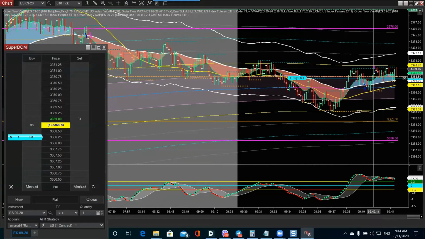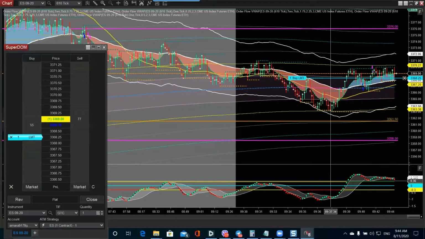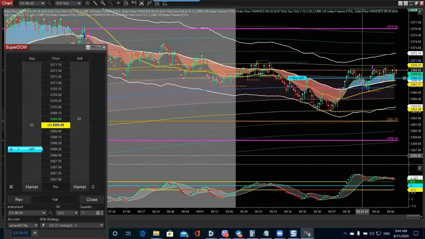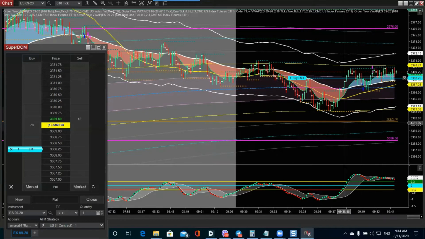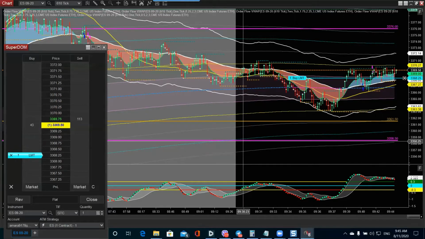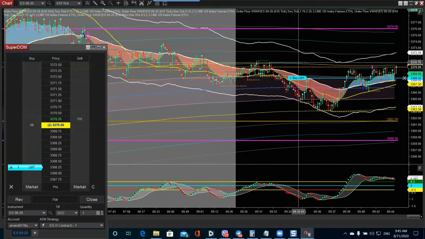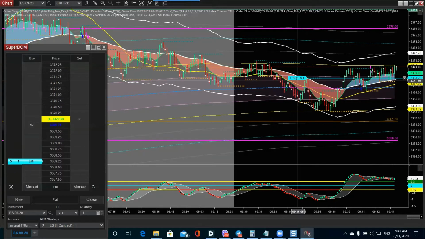You can see now it's kind of forming more of like resistance up there. I mean resistance, not support. But we're getting higher lows, right? You're eventually going to break it.